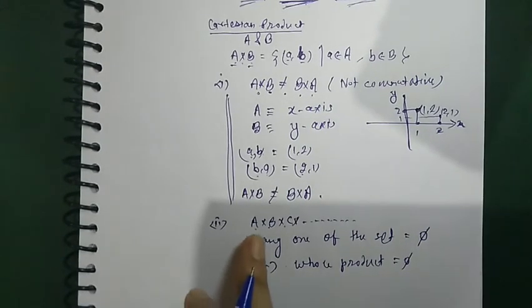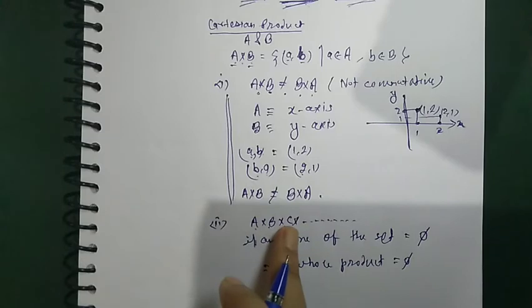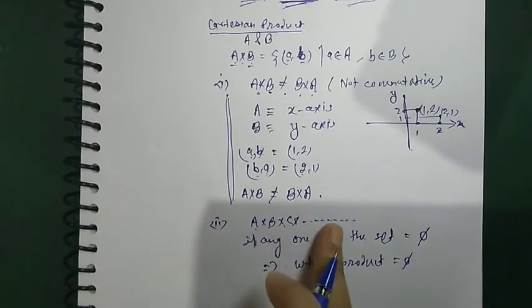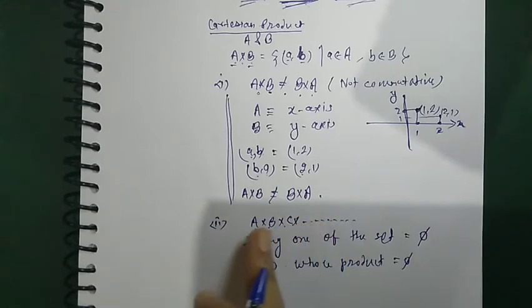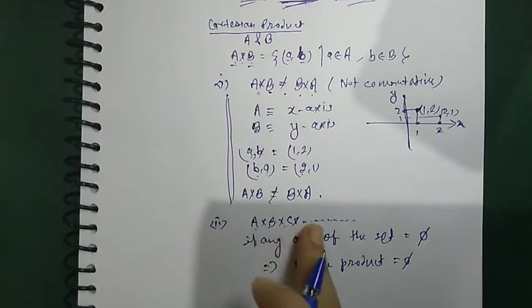That means if any one of the sets in the product is equal to phi, then A cross B cross C cross dot dot dot will also be equal to phi. So these are the two properties of Cartesian product.